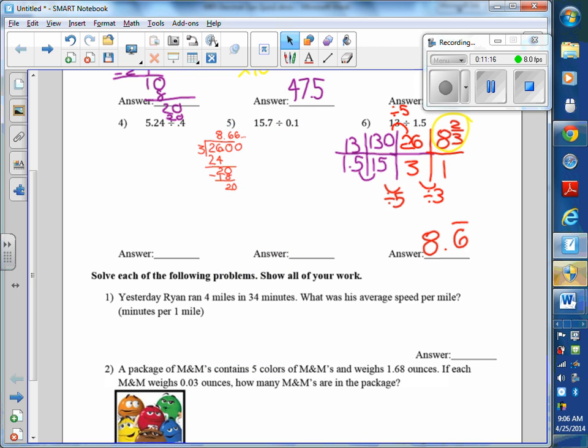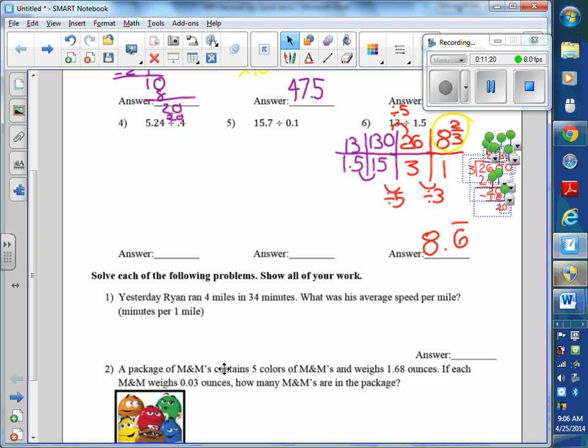I'm going to shrink that up and move it over here. Anyone? Kelsey? Number 4. Okay, so again, starting that ratio table, 5.24 divided by 0.4.